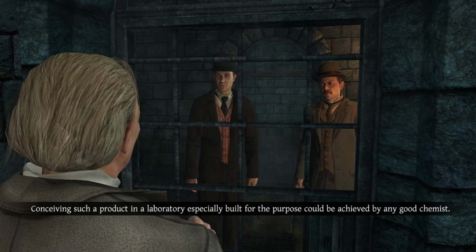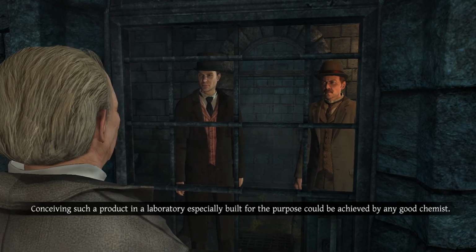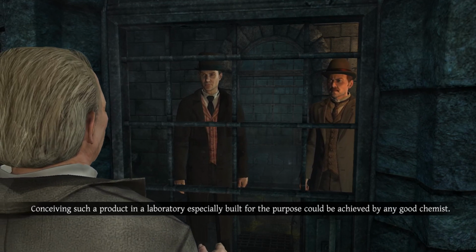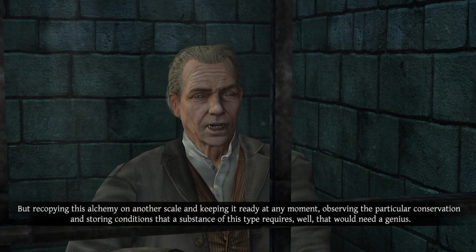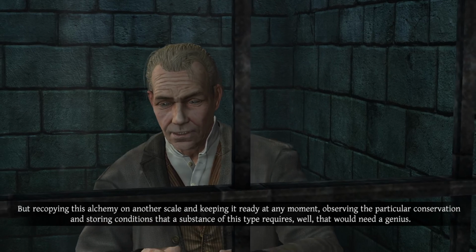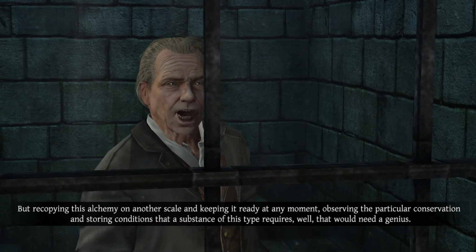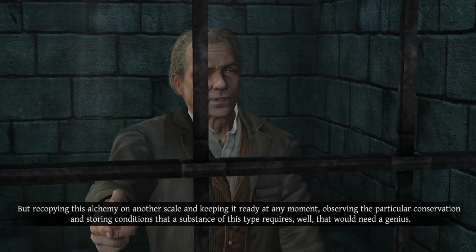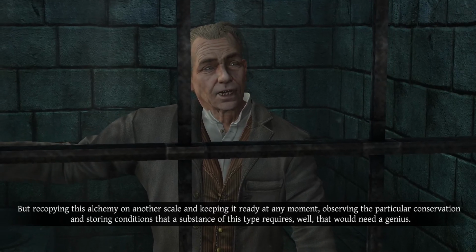Conceiving such a product in a laboratory especially built for the purpose could be achieved by any good chemist. But recopying this alchemy on another scale and keeping it ready at any moment, observing the particular conservation and storing conditions that a substance of this type requires, well, that would need a genius.